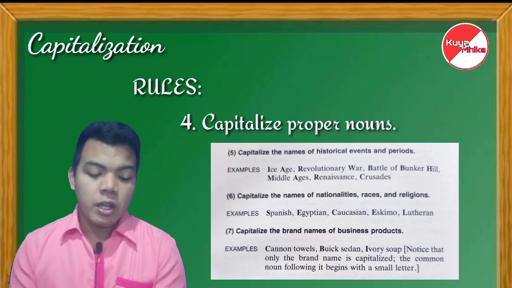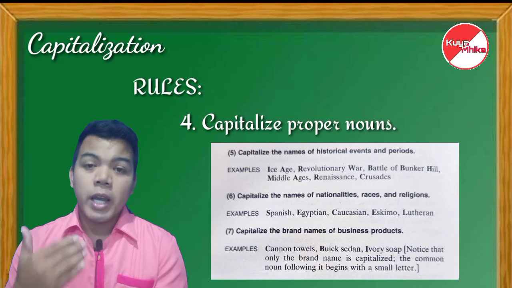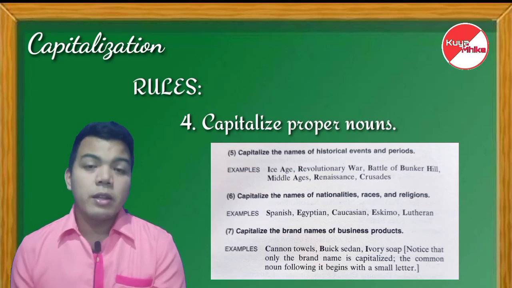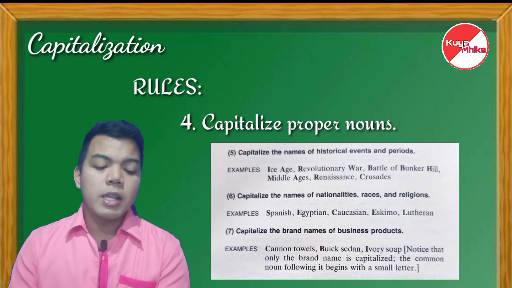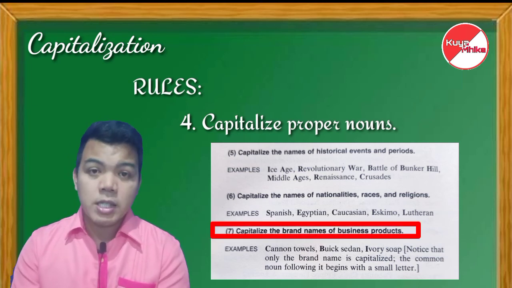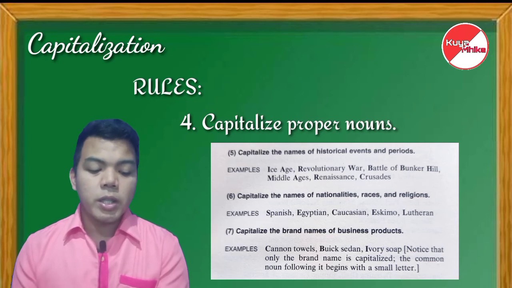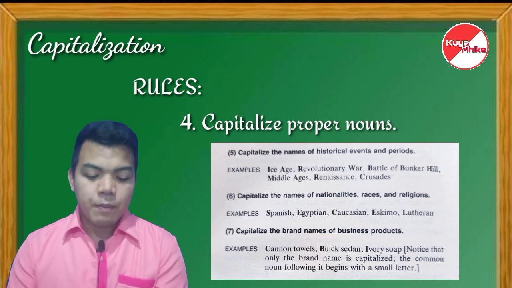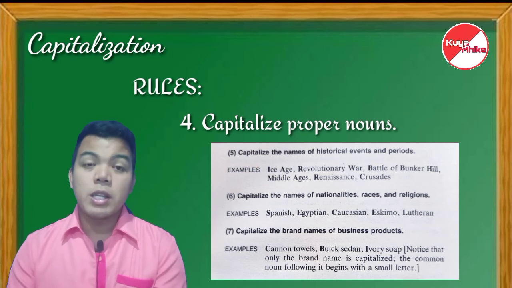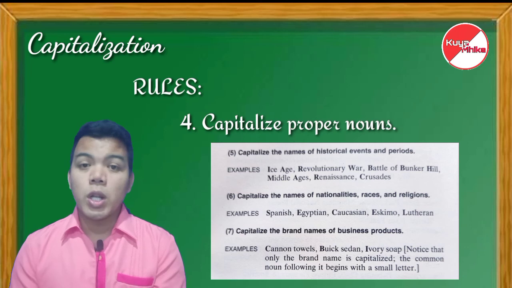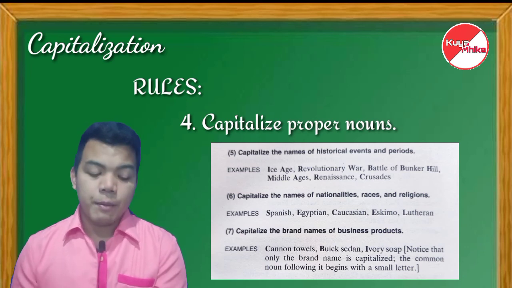So, Spanish, Egyptian, Caucasian, Eskimo, Lutheran. Okay? So, seventh rule under proper noun and common noun, capitalize the brand names of businesses and products. Example: Canon Towels, Bic Sedan, Ivory Soap. Okay, notice that only the brand name is capitalized. The common noun following it begins with a small letter. So, yun yung pinakang rule sa number 7.